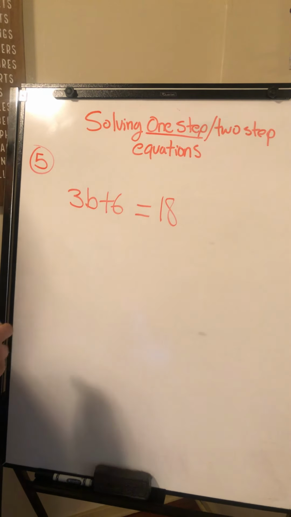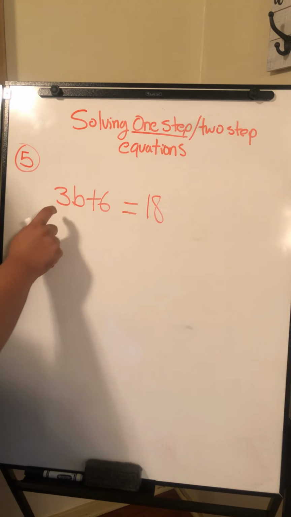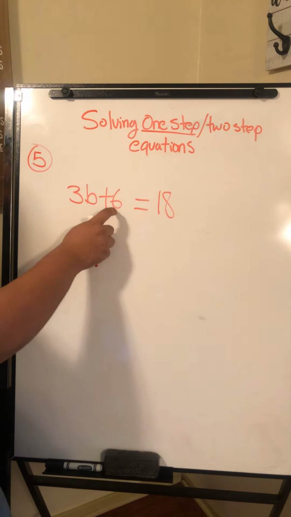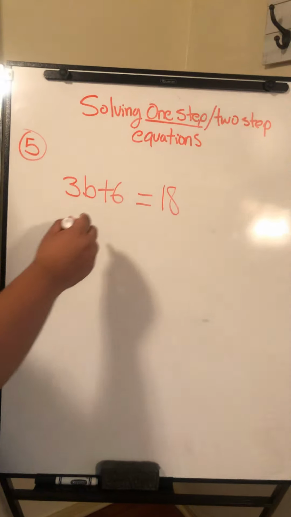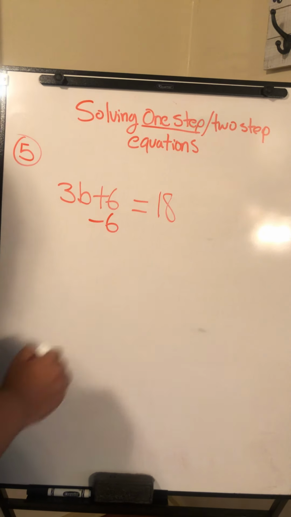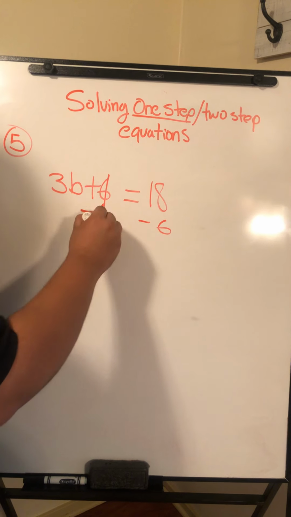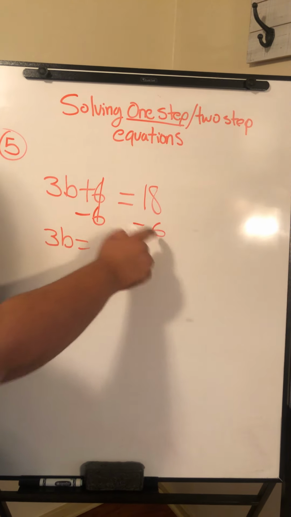So when doing two steps, which one of these has the variable, the 3 or the 6? The 3 does. Since the 3 does, that's the last step. How do I get rid of a plus 6? What's the opposite of adding 6? It is indeed subtract 6. What you do to one side, do to the other. Cancels. 3b equals, what is 18 minus 6?